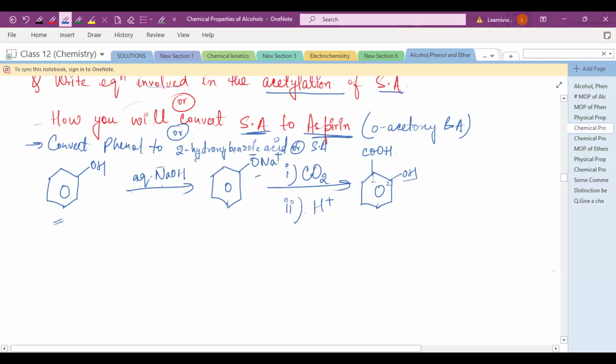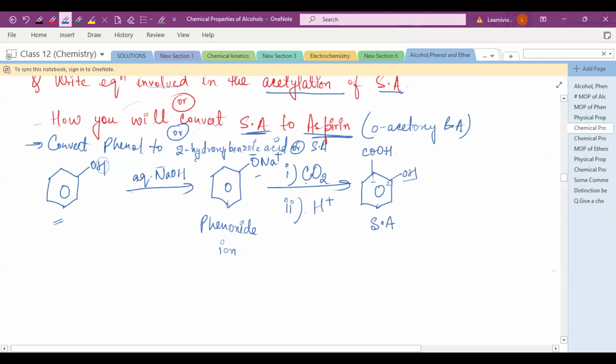When you put aqueous sodium hydroxide on phenol, what happens? The hydrogen will be replaced by the sodium, so this will form sodium phenoxide, the phenoxide ion. After that, when you add carbon dioxide and then acidic conditions, with any acid like H2SO4, so H plus ions, it will form 2-hydroxybenzoic acid, and this 2-hydroxybenzoic acid is your salicylic acid.